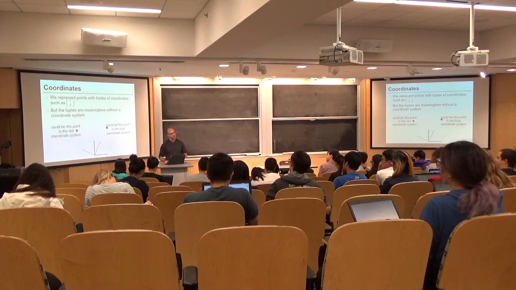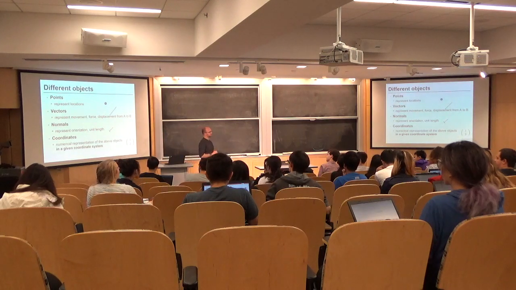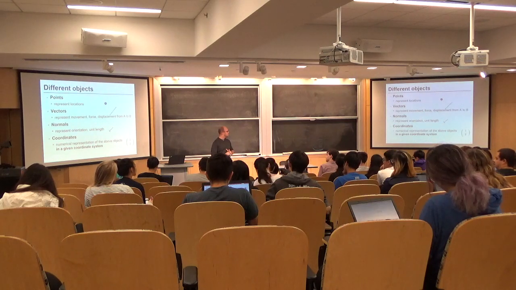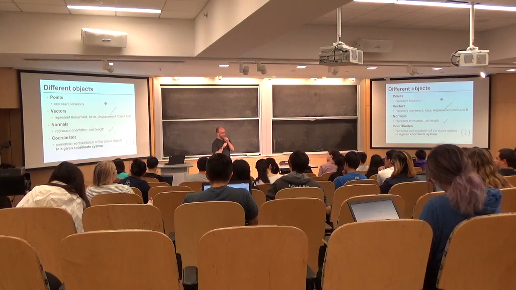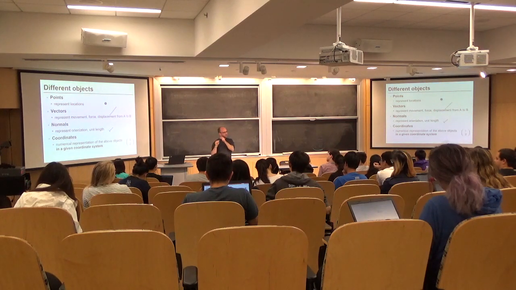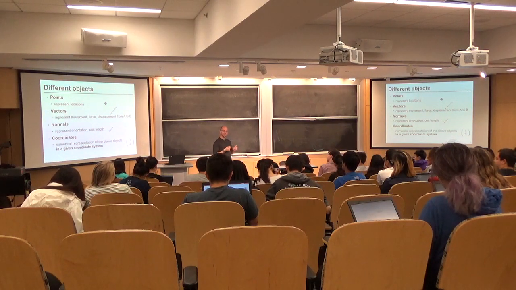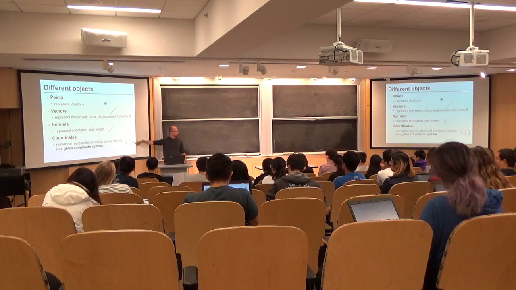Today, we're going to try and distinguish between a lot of different types of objects. Points, which are locations, vectors, which we're going to think of as displacements, normals, which are like unit vectors, and coordinates, which are positions. Coordinates are the actual numbers that correspond to the geometric object, which is the plot. When you take a linear algebra class, you take all four of these objects and just think of them as this tuple here.